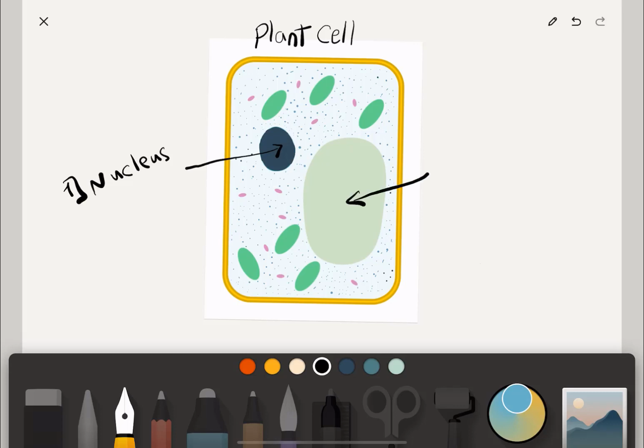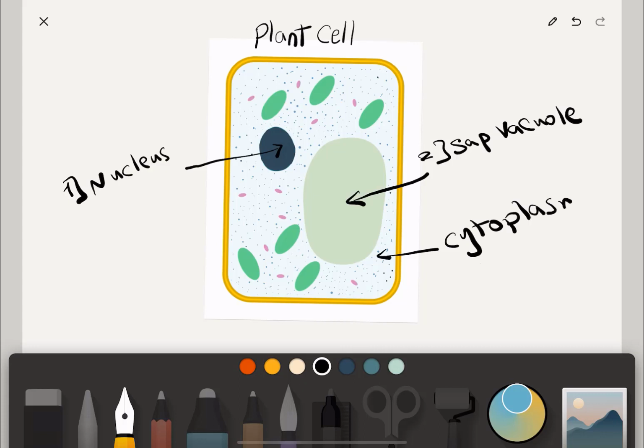This word is called vacuole. And these small points are called cytoplasm. The small points are a fluid inside the plant cell called cytoplasm.